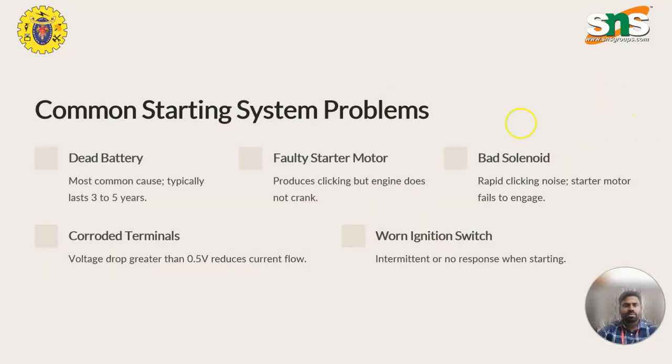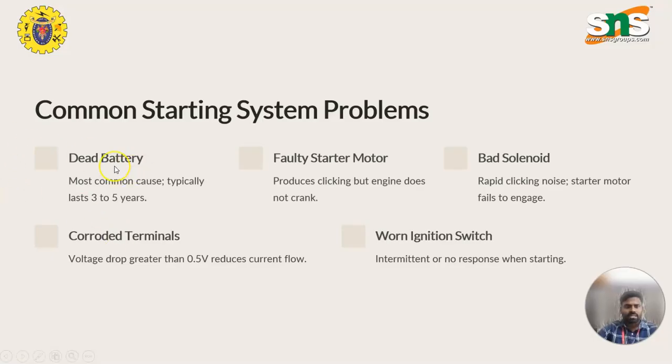The next is the common starting system problems. The major problems in the starting system are dead battery conditions, a faulty starter motor, a bad solenoid, corroded terminals, and a worn ignition switch.